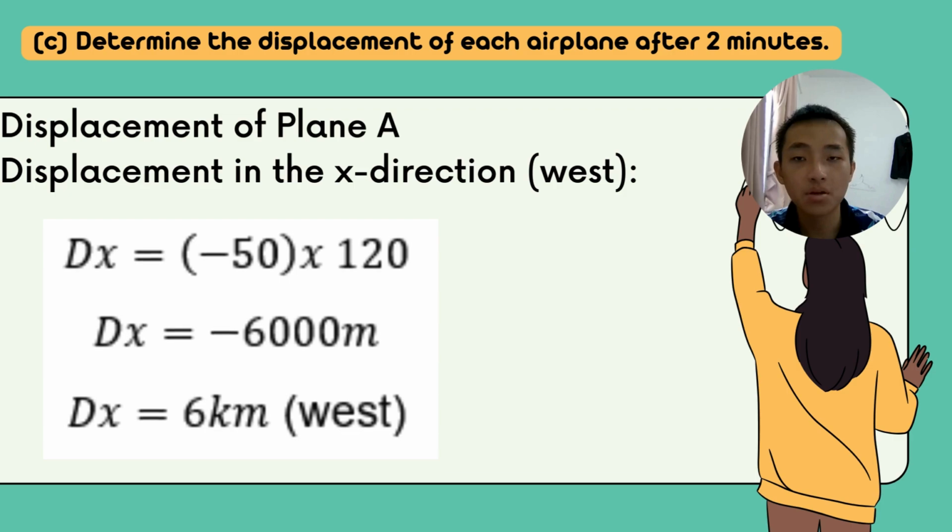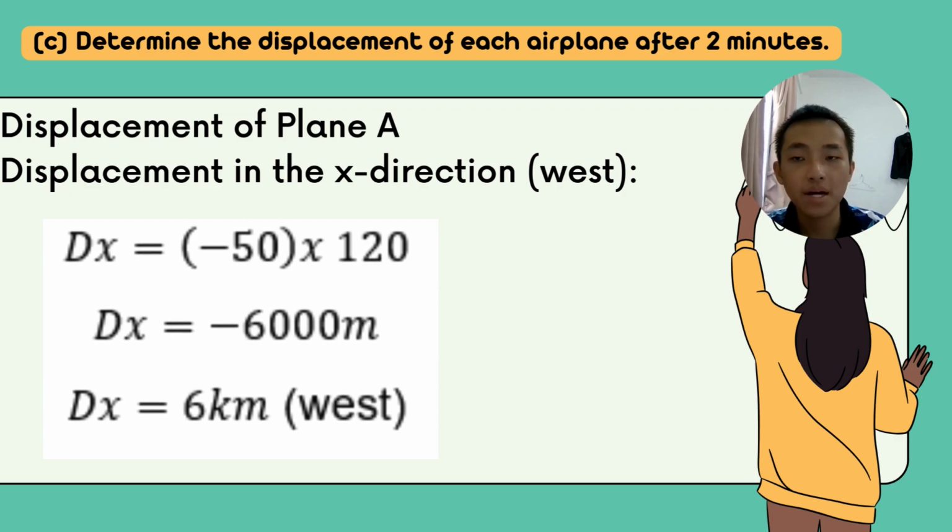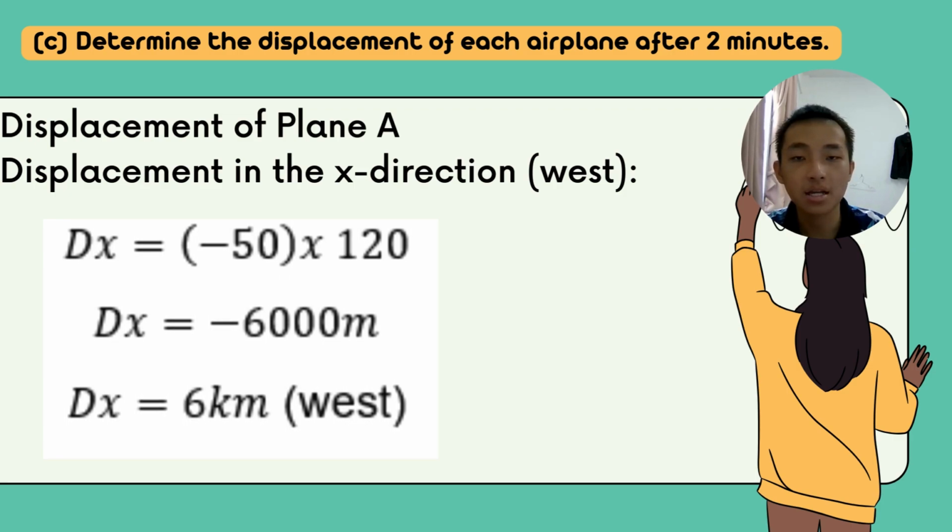For the displacement of plane A, we need to find the displacement in the x direction first, which is the west direction. So we just need to use negative 50 times 120, which is equal to negative 6,000 meters. And we divide by 1,000 to change it to kilometers, which is 6 kilometers to the west.